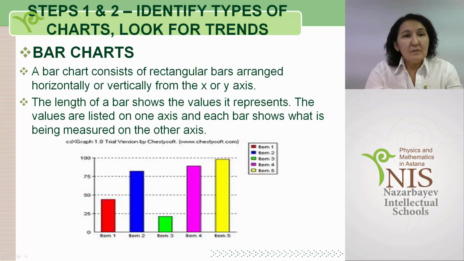A bar chart consists of rectangular bars arranged horizontally or vertically from the x or y axis. The length of a bar shows the values it represents. The values are listed on one axis and each bar shows what is being measured on the other axis.